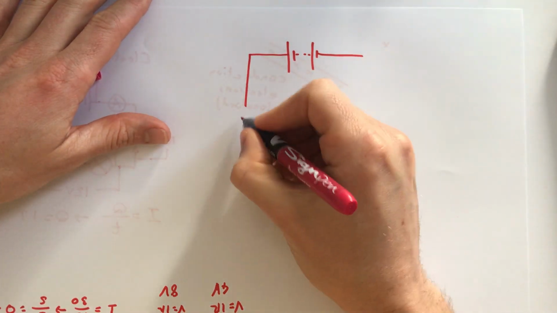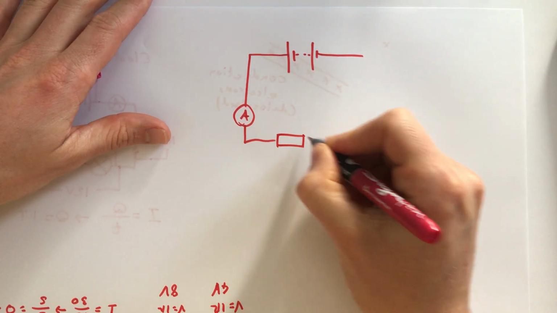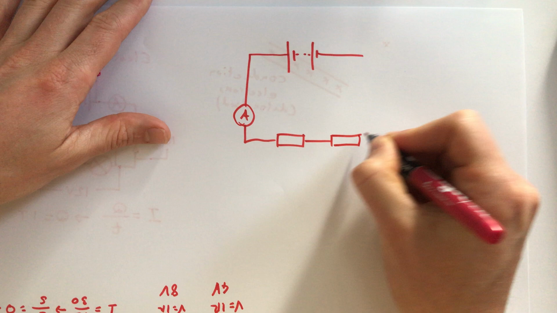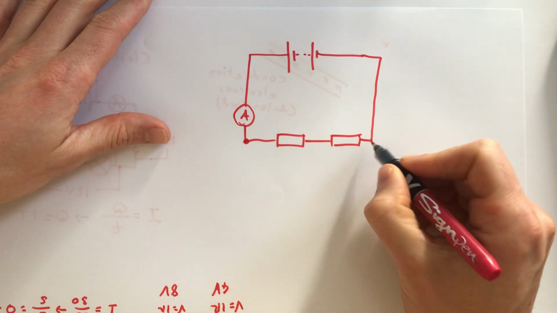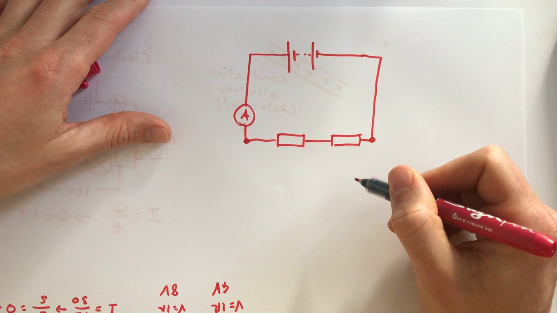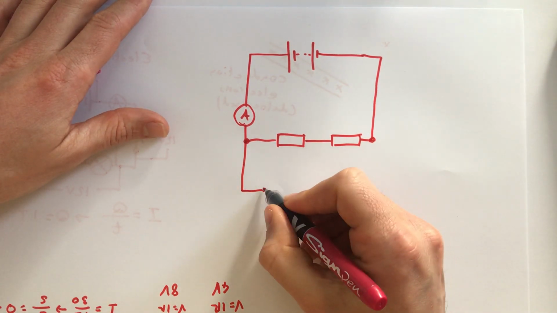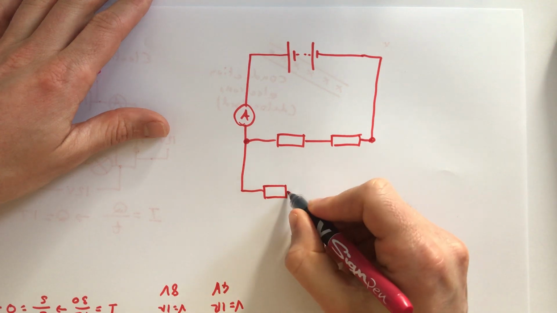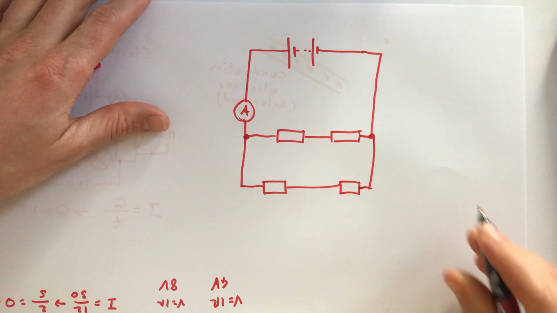And then let's stick an ammeter here. And we'll put 2 resistors here. Resistors can fairly well stand in for any component. Any component can be treated as a resistor, depending on what we want to look at. It's about looking at what it's doing. Not the nicest diagram ever, but I'm sure you understand it.